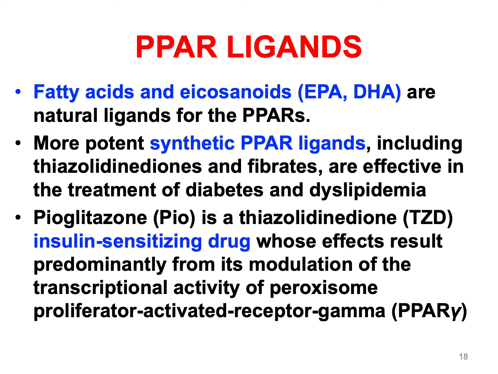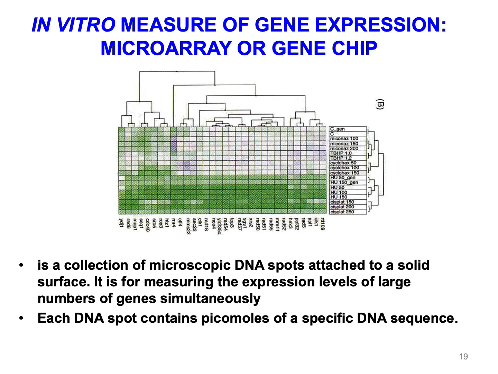How to measure the gene expression? We can measure in vitro the gene expression using microarray or gene chip. These are collections of microscopic DNA spots attached to a solid surface, for measuring the expression level of large numbers of genes simultaneously.